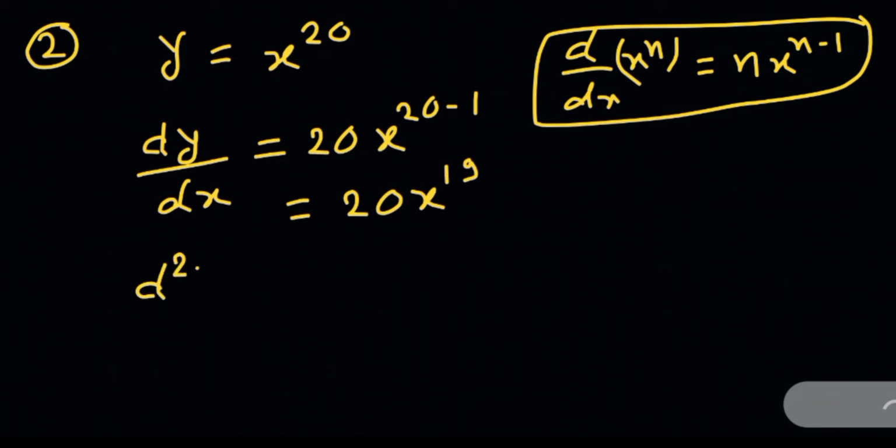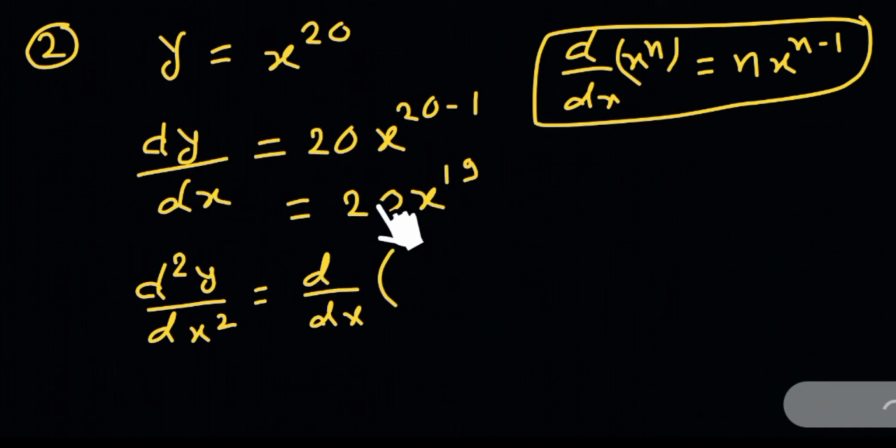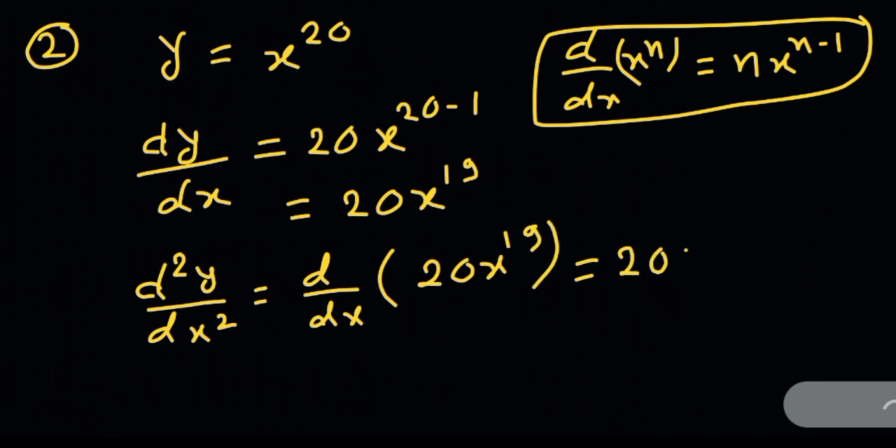Now we will differentiate again. We will find d2y upon dx square, that is nothing but the derivative of dy upon dx with respect to x. So in place of dy upon dx I will write 20 x to the power 19. Okay, and 20 is constant, so I will take 20 outside, and the derivative of x to the power 19 will be 19 x to the power 19 minus 1, using the same formula.